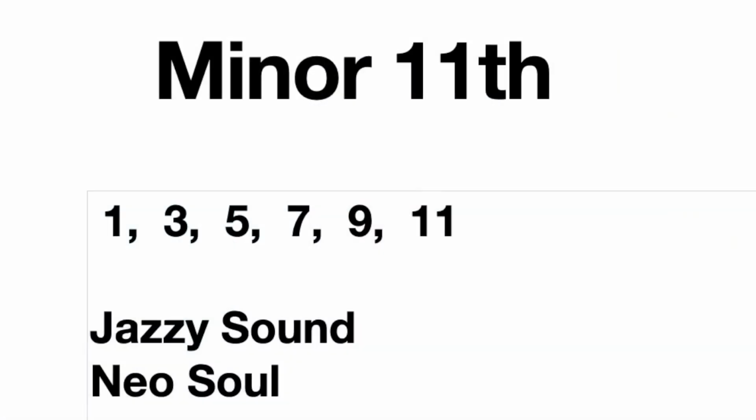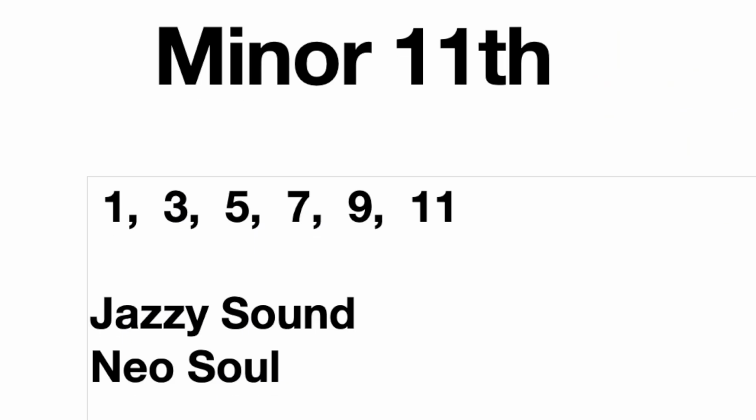Now, what is the minor 11th chord, and what does it consist of? So the minor 11th chord basically consists of these notes. It consists of the first degree, the second degree, the fifth degree, the seventh, the 9, and the 11th.